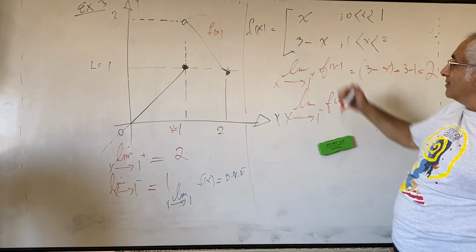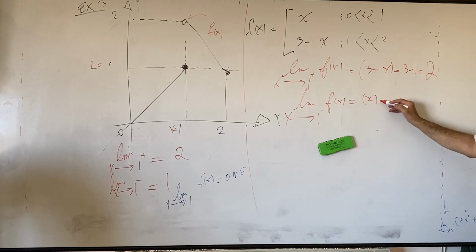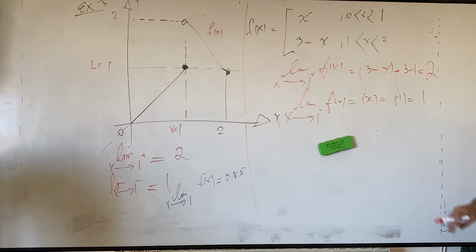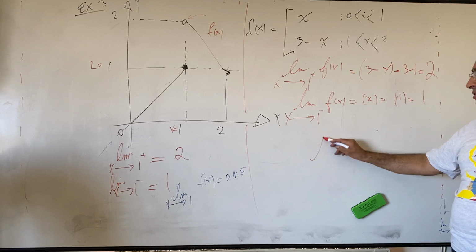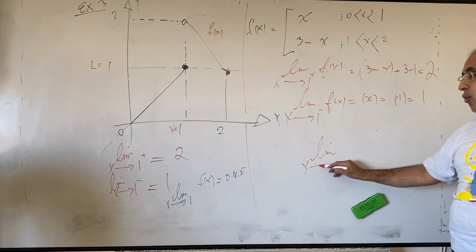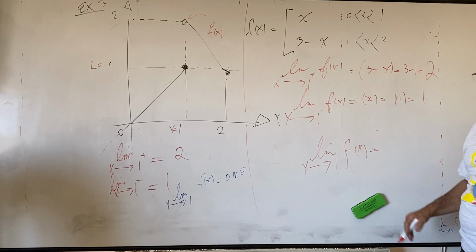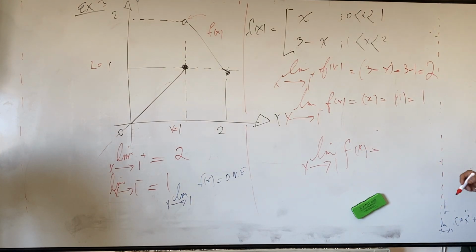I look at that function, take the 1 and plug it in there, and you're going to have 1. Are 1 and 2 the same? No. So if the question comes at the end, what is the limit as x approaches 1 of f of x? You would say, I'm sorry, these are not equal, so it doesn't exist.